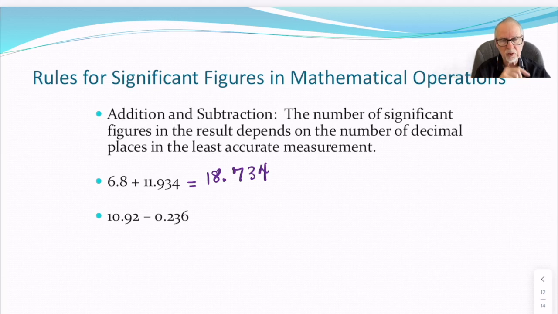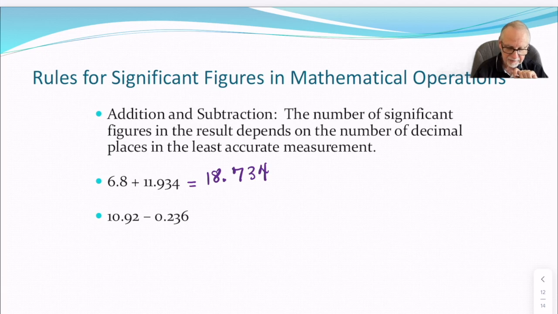What we need to do is look at the specific precision of each number. How far out does it go beyond the decimal point? So in this case, we're going to note that the first number goes to the tenths, whereas the second number goes to the thousandths. So we're going to use the least precise, in this case, the one that goes out to the fewest number of decimal places, as the determination for the final answer.